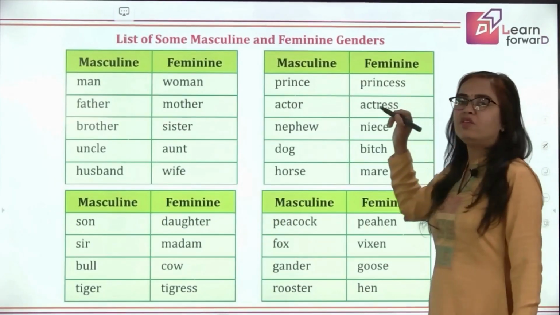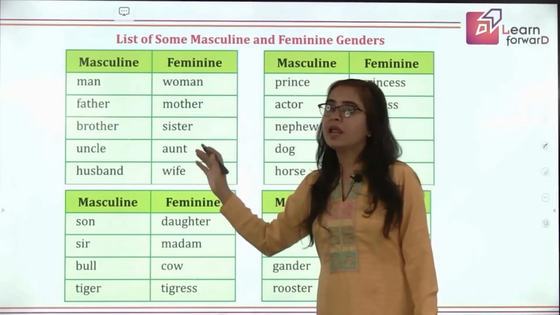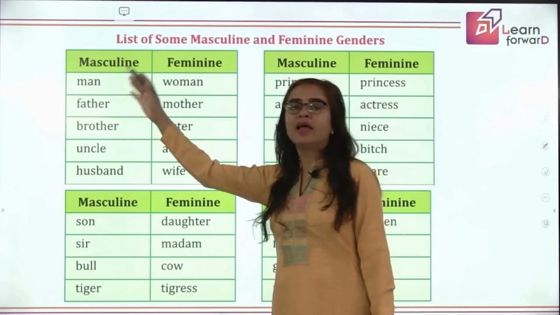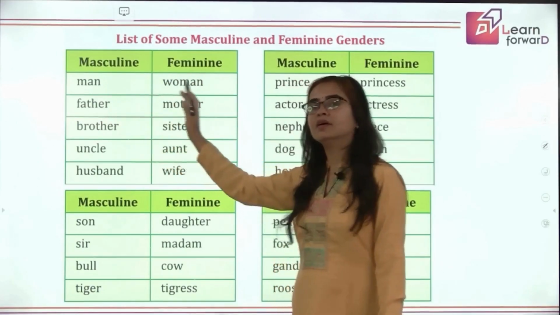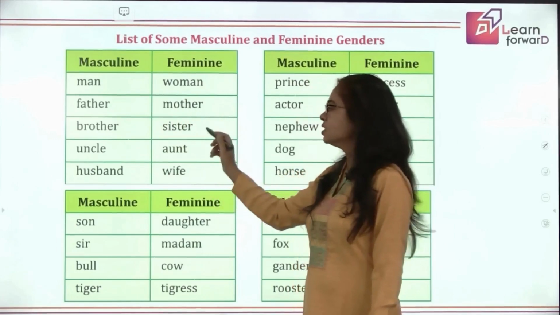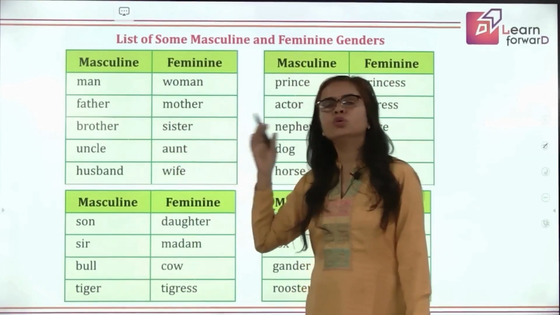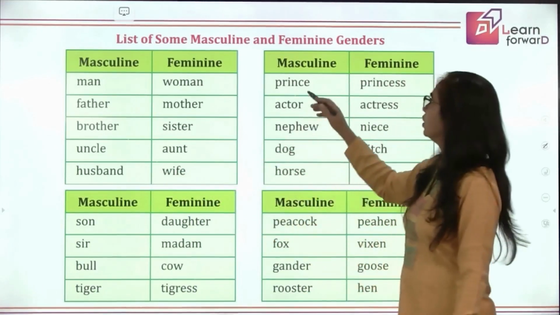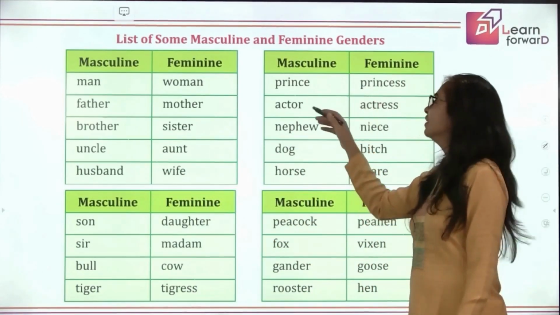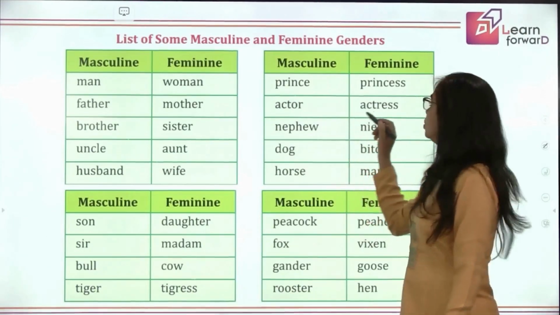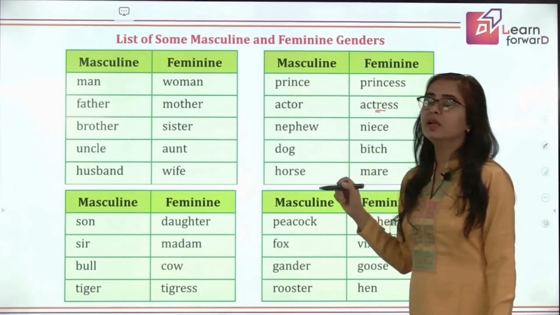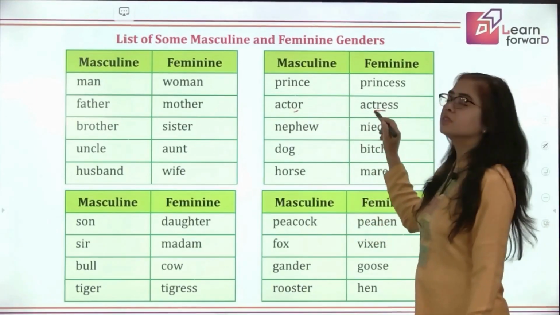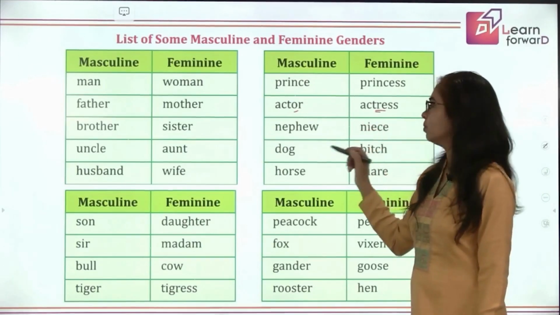Here we go, and we have a list of masculine words and their corresponding feminine counterparts. So a man has a woman, father, mother, brother, sister, uncle, aunt. You know many of them already. Husband, wife, good. Prince, princess, actor, actress. Look at the change in spelling, children. It is OR here, but when we change it to feminine gender, it becomes TRESS.